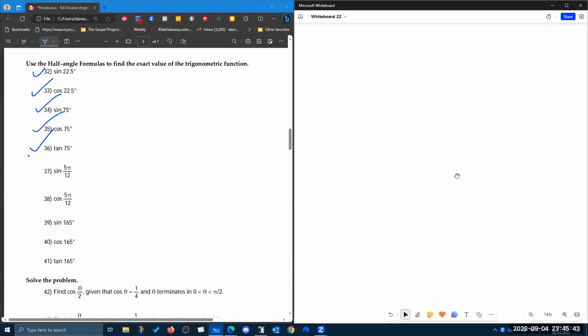Let's clear that. Sine of 5 pi over 12 is going to be less than pi over 2. So we're still in quadrant 1. It's going to be positive. And this is half of 5 pi over 6.